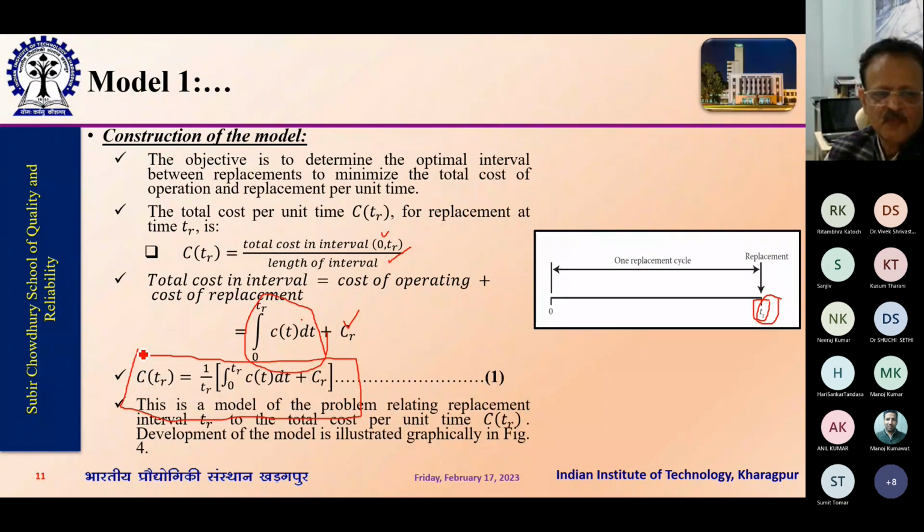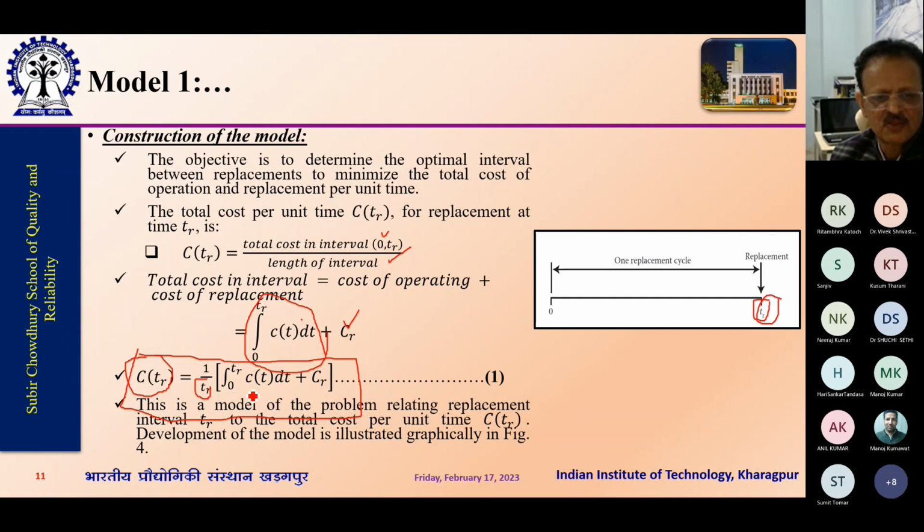Okay. So now we have to minimize this cost under the variable TR. If the integration is easy, then you can take this equation, differentiate it using the usual calculus method, and equate it to 0 to find the value of TR.